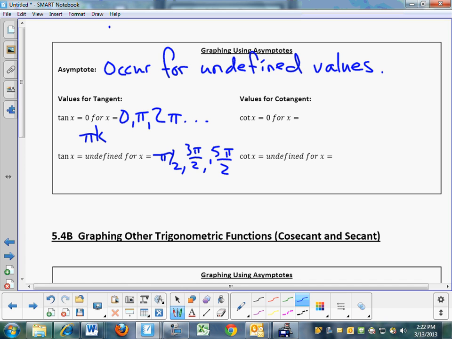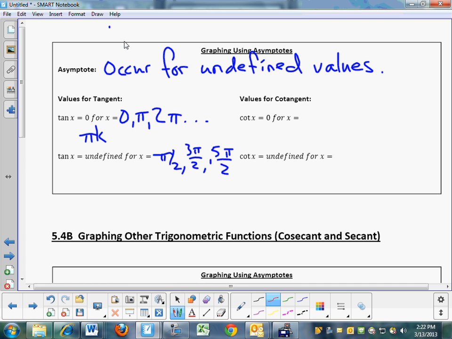Okay. So we have tangent equal to 0 at 0, pi, and 2 pi, and it's undefined at those spots. Tangent repeats itself every, how often? 180, which is pi. So tangent repeats itself at these same spots.